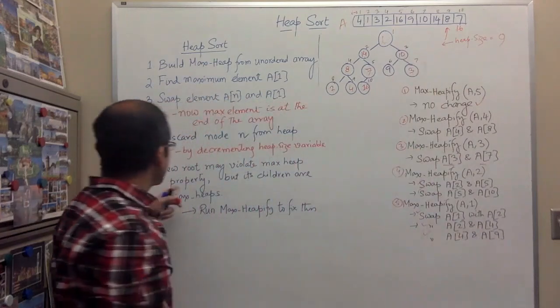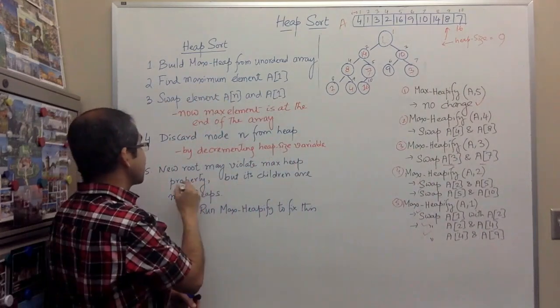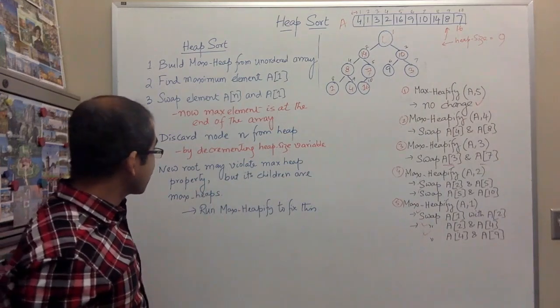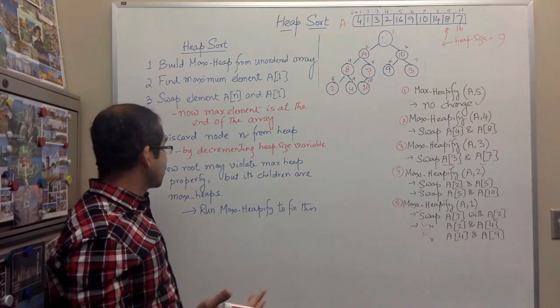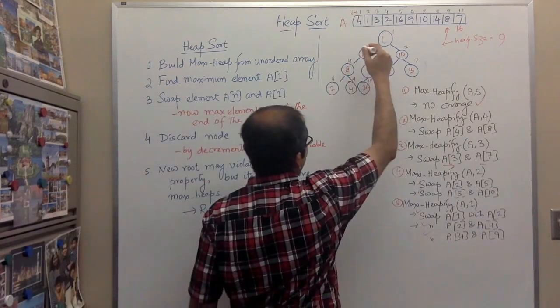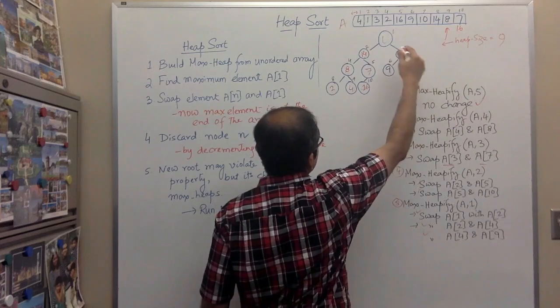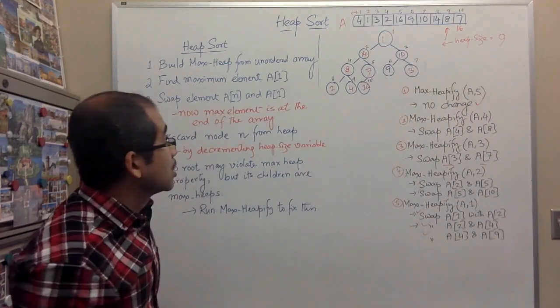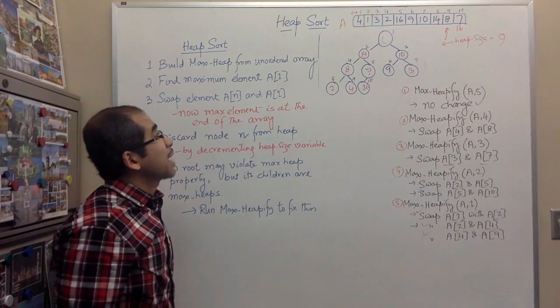The new root may violate the max heap property, but its children are max heaps. That was the definition of max heapification. If you remember, the left child is a max heap, the right child is a max heap, but the root node is violating the max heap property.